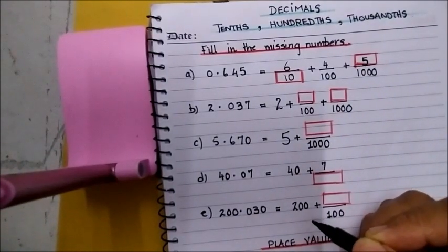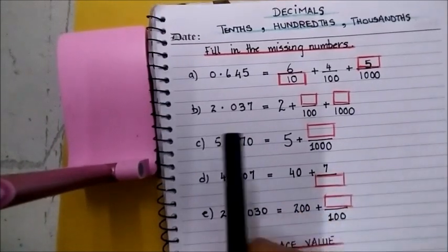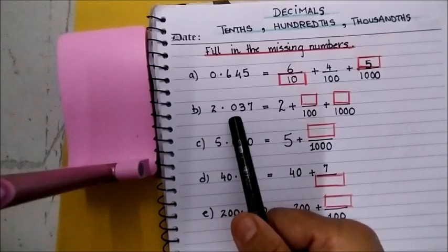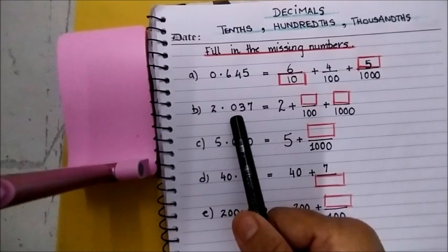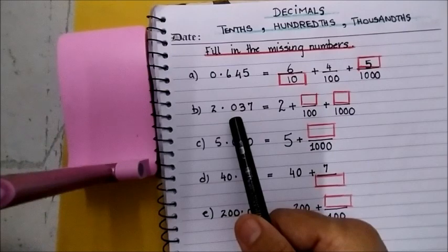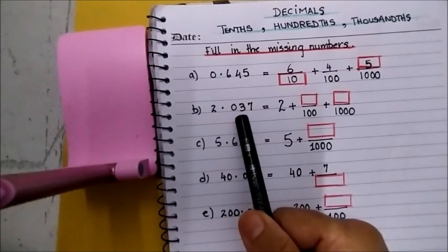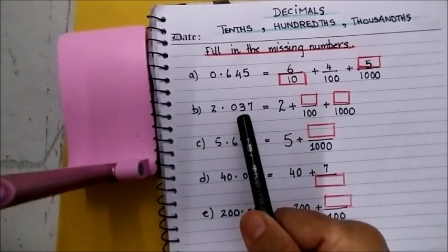All right. Let's now move on to the second question. Your whole number is 2 and there is no tenth here. There's no tenth written for you since it's a 0. It has no value written there. So tenth is not existing here. Moving on to the second digit, which is your hundredths place, we have 3 here.